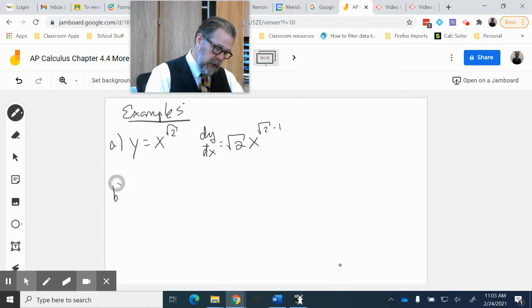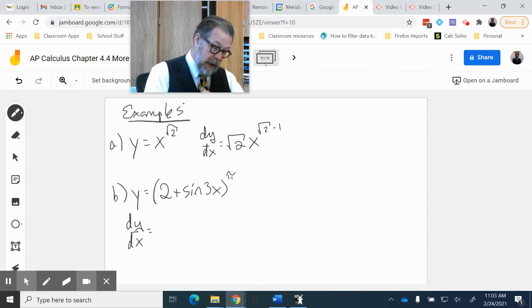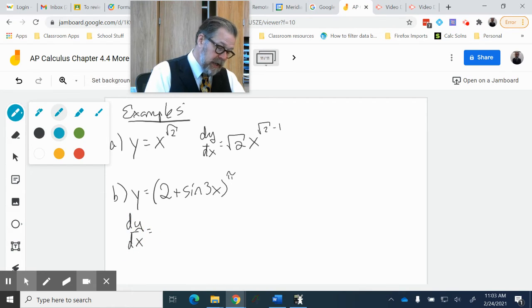Here's another quick example. y equals something more complicated: 2 plus sine of 3x, all to the pi. The derivative of y with respect to x equals... Now, be careful, because this is your outer function and this is your inner function.